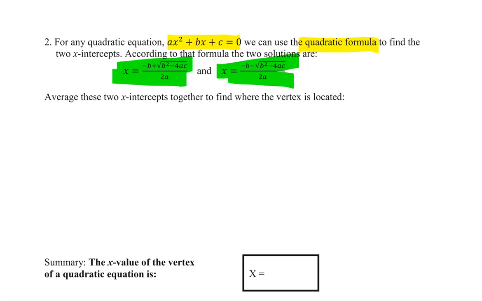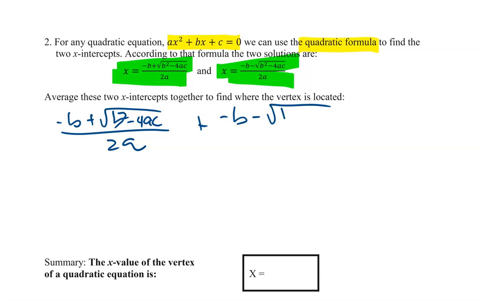Now let's average these two x-intercepts together to find where the vertex is located. So let's take the average of these two: negative b plus square root of b squared minus 4ac over 2a, plus negative b minus square root of b squared minus 4ac over 2a, all over 2.